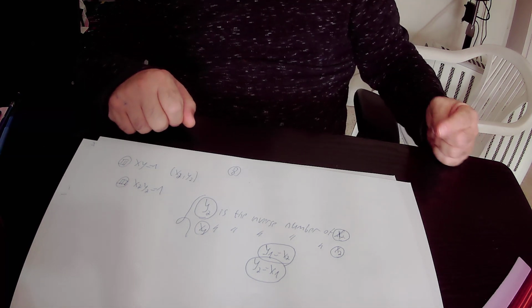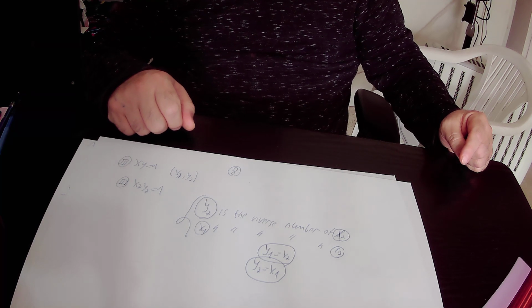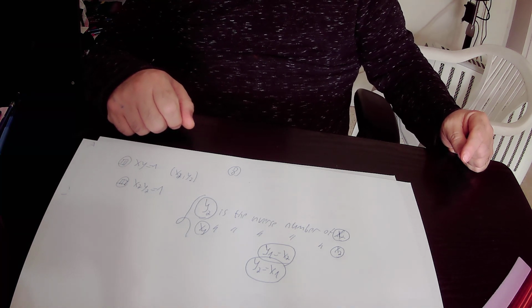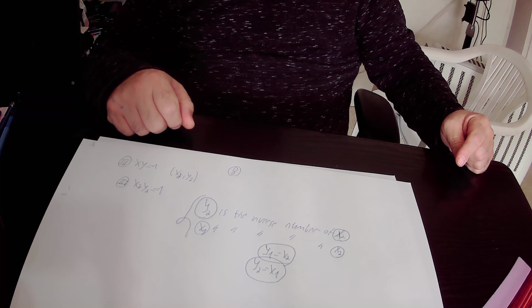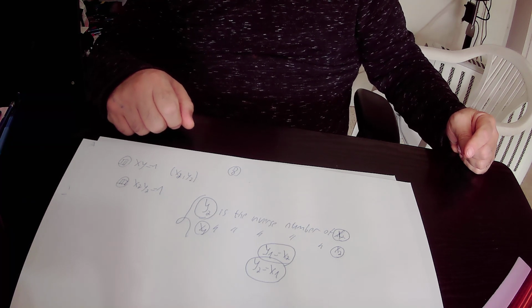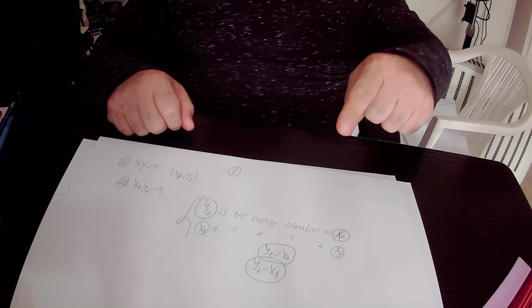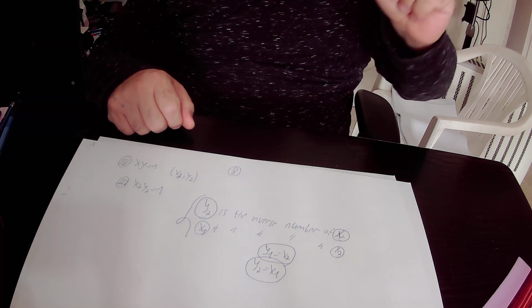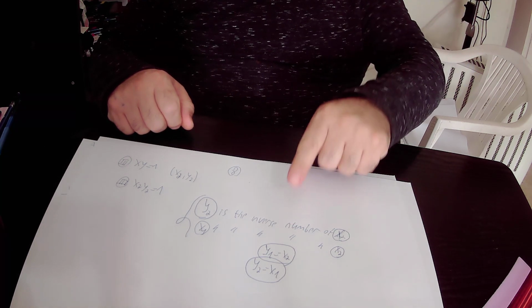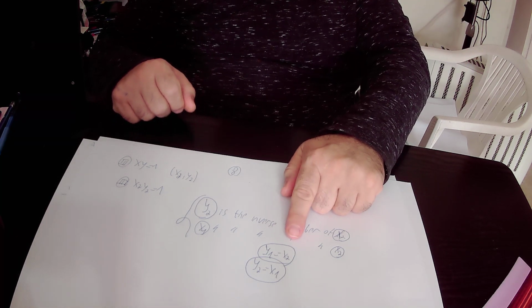So if we have two numbers that are the inverse number of x2, it means that they must be equal to each other. That is to say, y2 equals x1. And we have already found out that y1 equals x2.